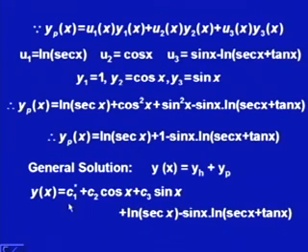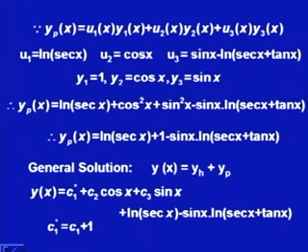You see here C1 star I have chosen as C1 plus 1 because 1 we are getting from the particular solution and C1 was from the homogeneous part. So, that is what we put in the constant terms, that is all. So, this is the general solution of the given non-homogeneous equation y triple dash plus y dash is equal to tan x.